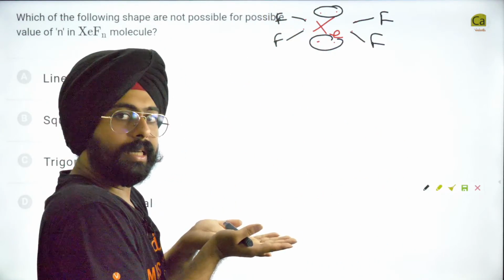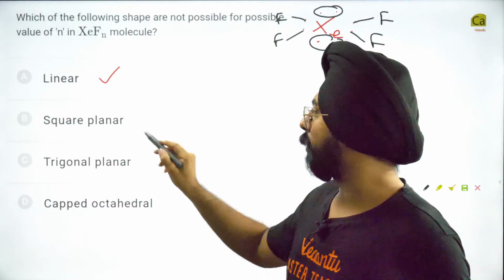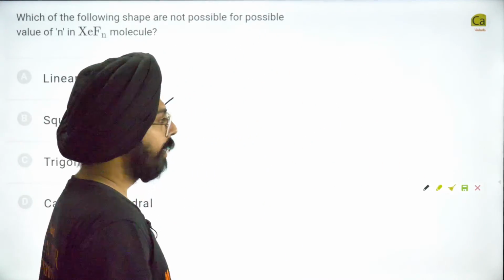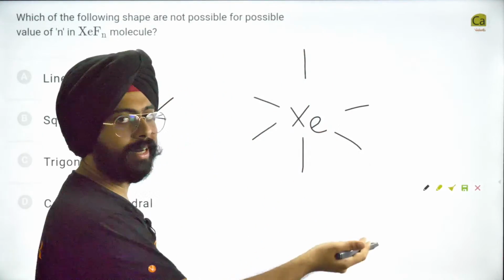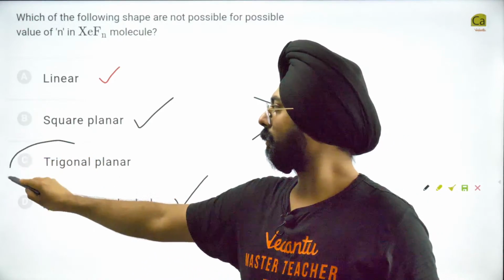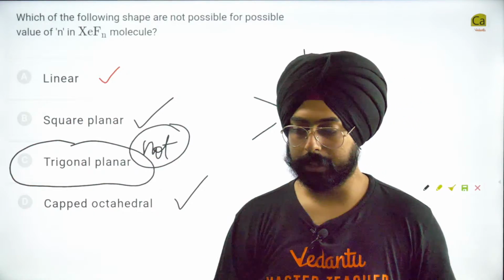In the equatorial plane, you will have 4 fluorines at 90 degrees from each other. So that will be a square planar structure. That is also possible. Then you have your XeF6, very simple. Nothing to do, just put 6 fluorines. Octahedral structure. Trigonal planar is not possible. Okay.